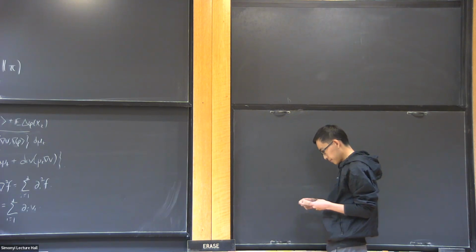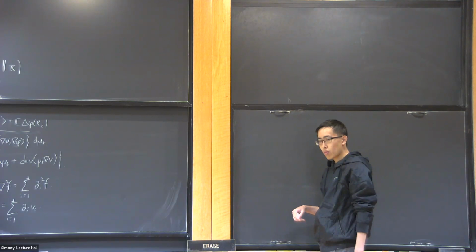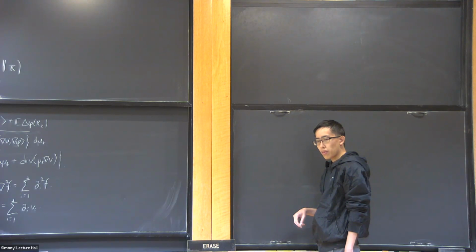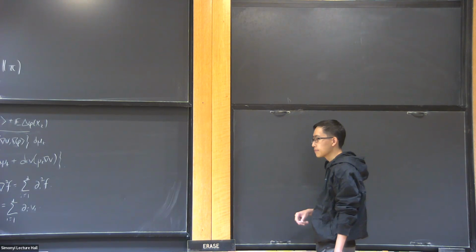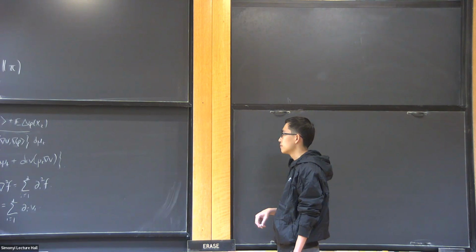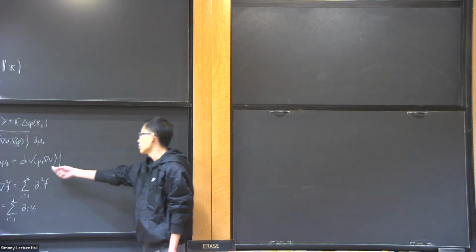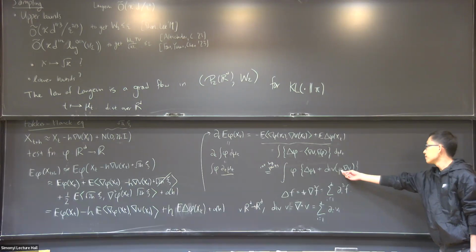Just one second before you go there. In the case that V is strongly convex, does it say anything about the divergence directly? The fact that V is strongly convex? Not really. It's also mixed in with the mu_t here.